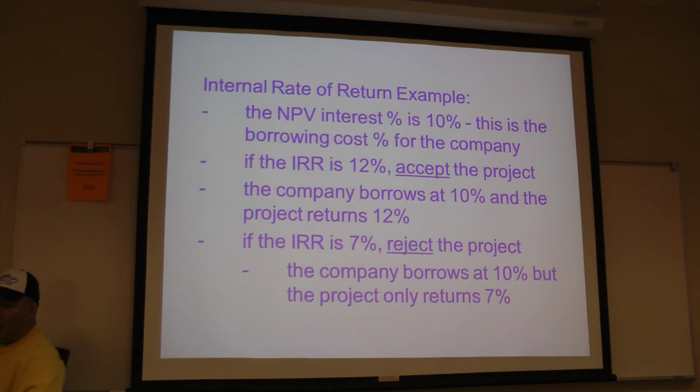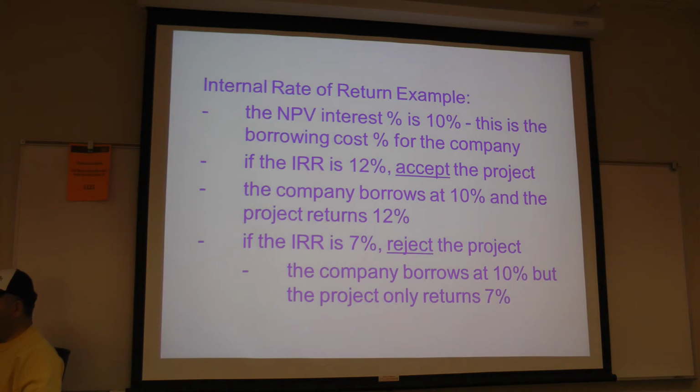So let's try an example with the internal rate of return. The net present value has an interest rate of 10%. This is the borrowing rate that the company must incur. You do the internal rate of return calculation. If the internal rate of return is 12%, you accept the project. What does this mean?